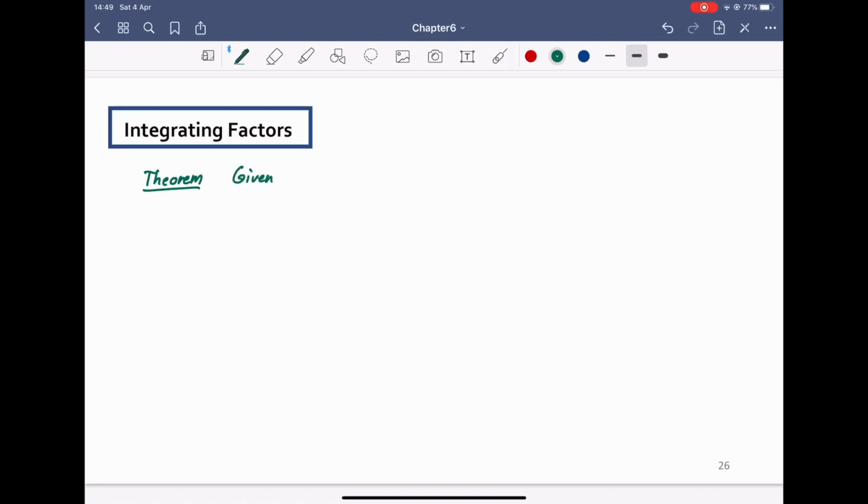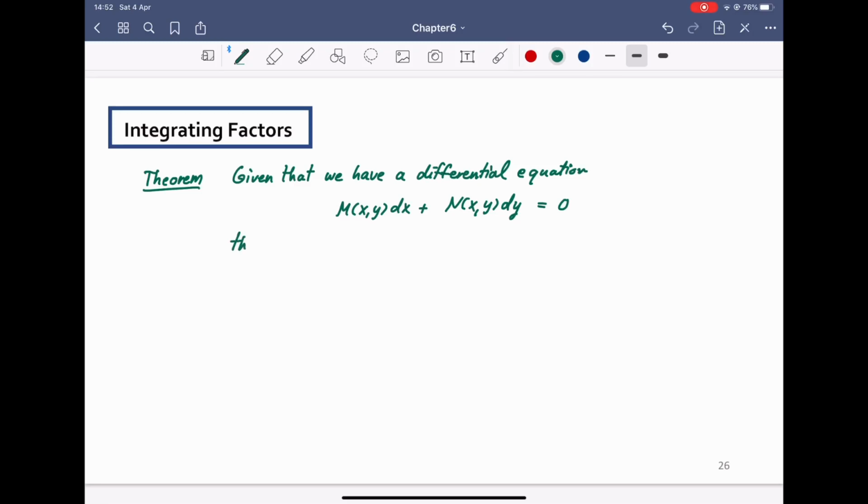Given that we have a differential equation M(x,y) dx + N(x,y) dy = 0, then we have two conclusions.